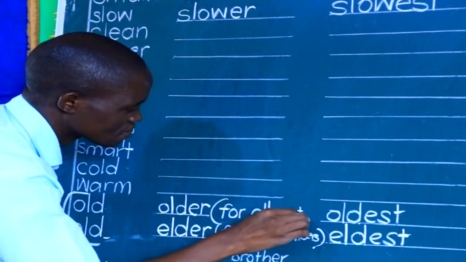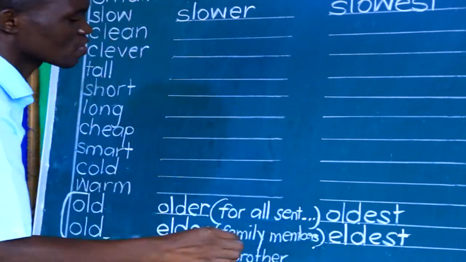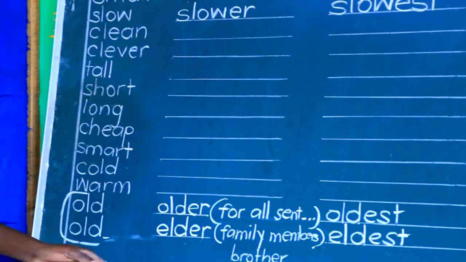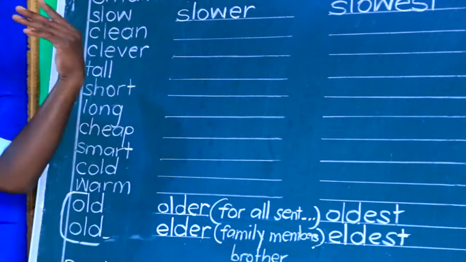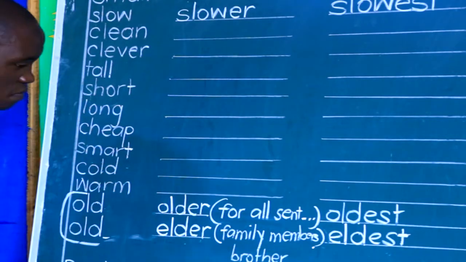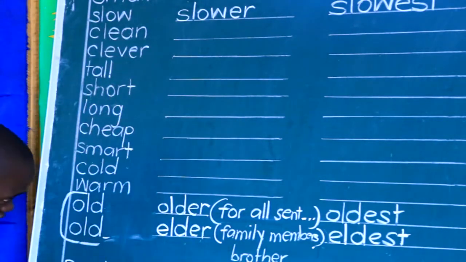All sentences can use older, as long as the adjective given in brackets is old. We can use older, yes, in any sentence. I'll give you an example. I'll write it here, this way I have some space.